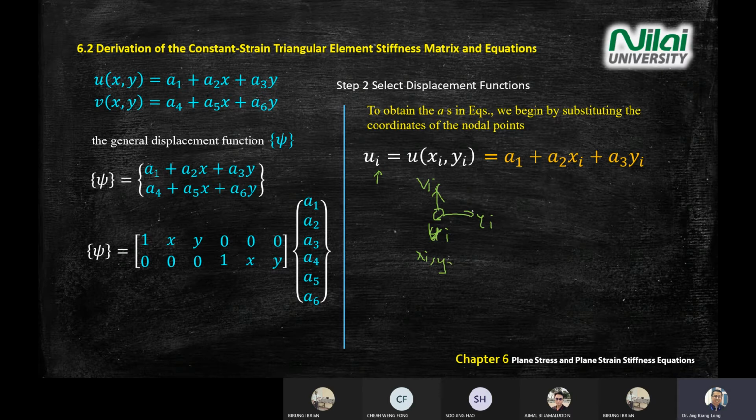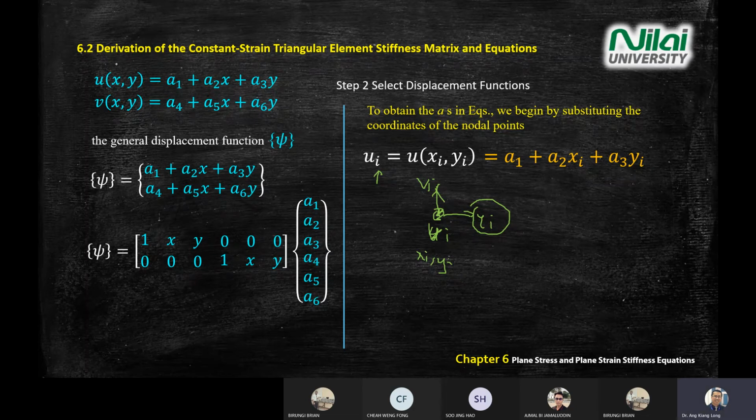So we are looking at ui first. Ui means the displacement in the x direction, focusing on the I point. You can write in the linear equation ui equal to a1 plus a2 xi plus a3 yi.